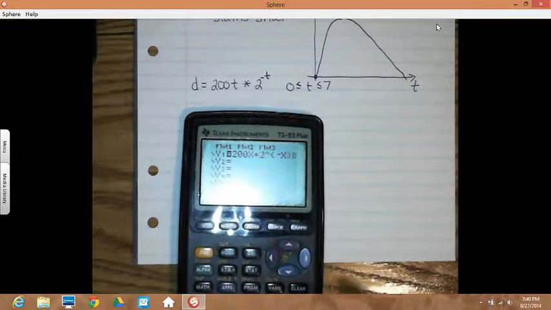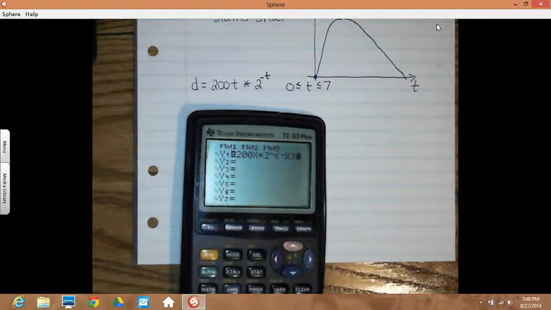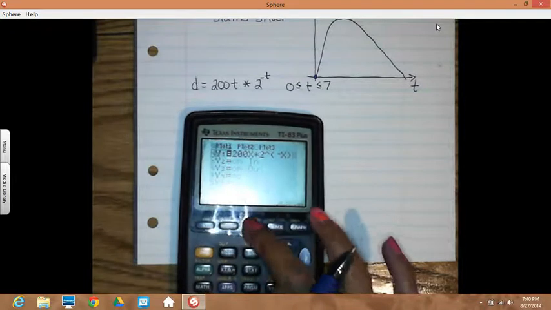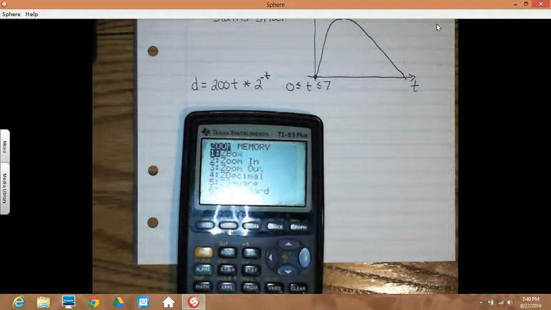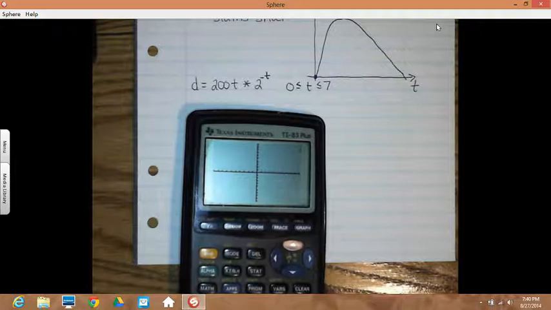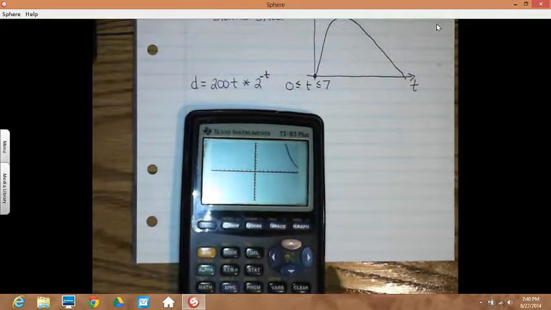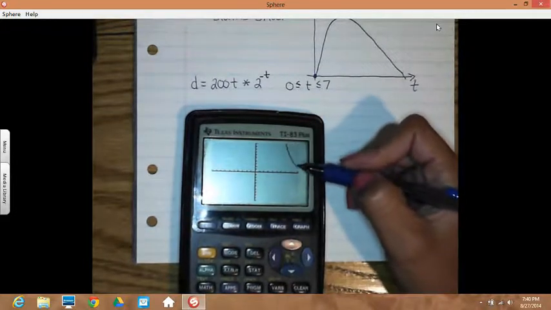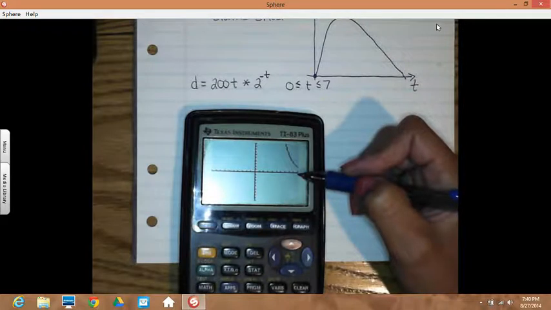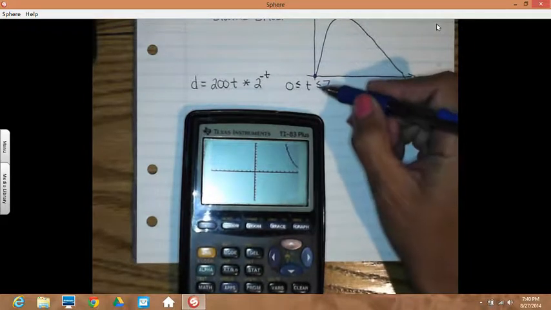Okay. If I do a zoom 6, that's that 10 by 10. I'm not going to see a whole lot here. Seeing this over here, out towards the end, this is out at 10 seconds. Oh, it didn't close up to 7. They're just giving us the domain to examine this out to 7.